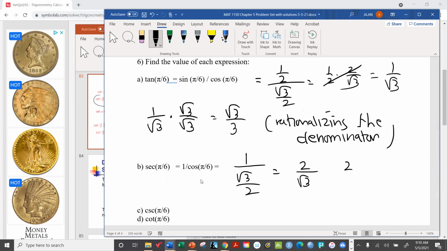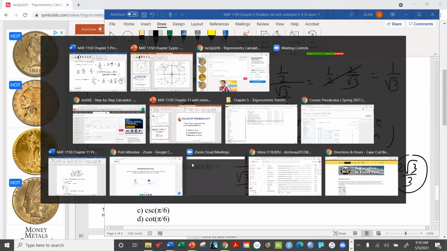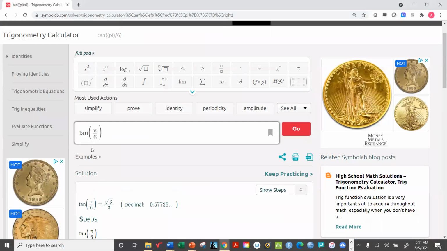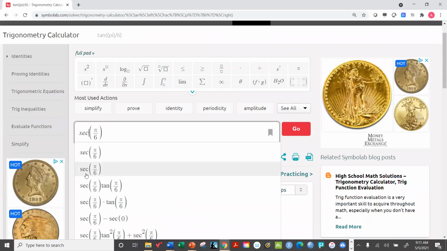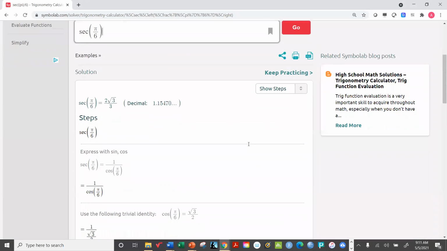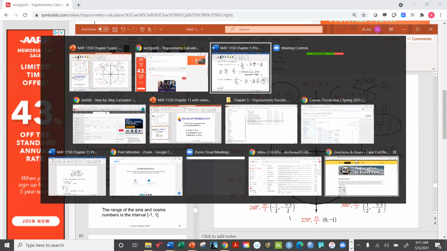And this one, you can rewrite it, and you'll end up with 2 radical 3 over 3. And of course, let's just confirm that with Symbolab. Secant pi over 6. Yeah, there it is, 2 radical 3 over 3.